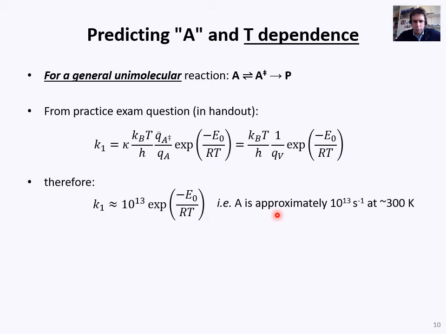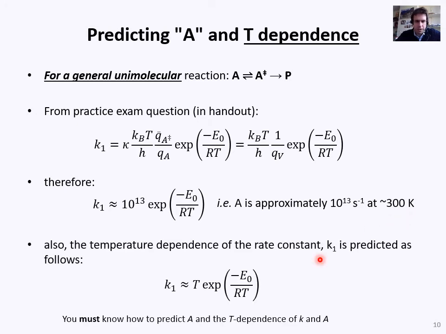So the point being, the pre-exponential factor is roughly 10 to the 13 per second at 300 K. The other thing we can do is ask what the temperature dependence is. Well, the temperature dependence of k1 is T times exp of this bit. And as I said already, these are the sorts of things I need you to be able to do, and these are the sorts of things you need to learn how to do for this course.